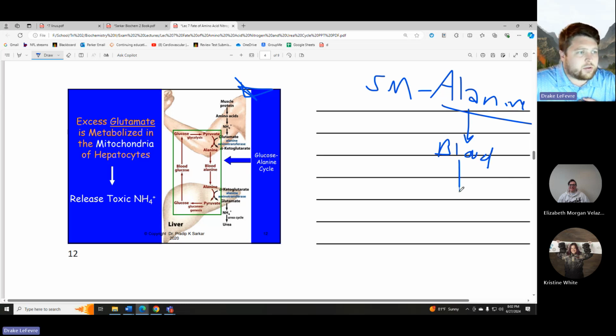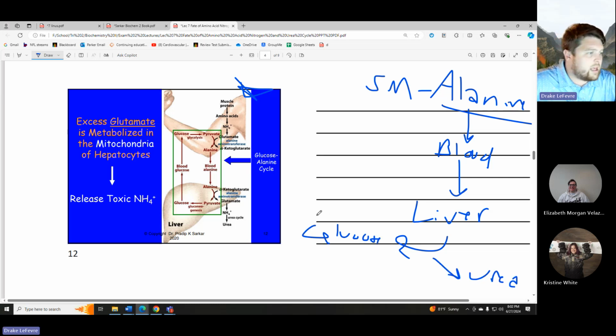And then that goes to the liver. The liver turns it back to glucose. And in that process, urea pops out. And that glucose goes back to the skeletal muscle to be used by the skeletal muscle. And the process repeats over and over again.